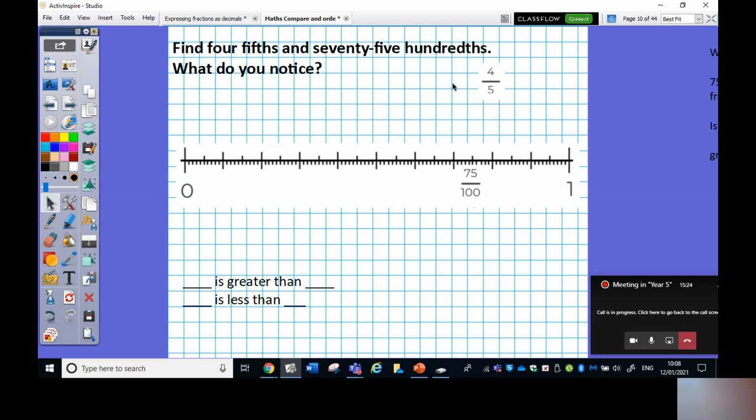So how many tenths are 4/5? Good, yeah, 8 tenths. And I know 1, 2, 3, 4, 5, 6, 7, 8. 8 tenths would be here. So which is greater? Can you tell me? Yeah, 4/5 is greater than 75 hundredths, and which is less? Yes, 75 hundredths is less than 4/5.